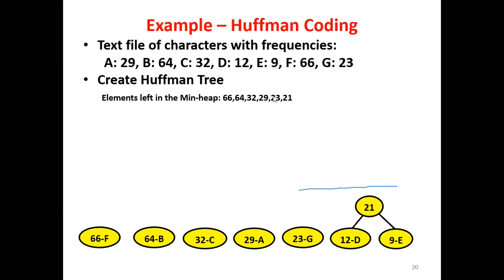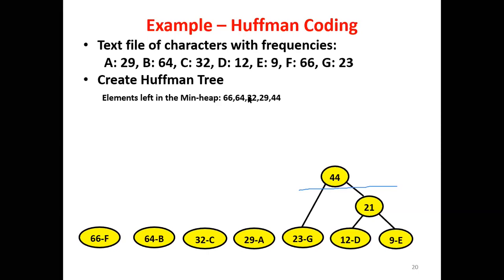From this list, which two nodes have the lowest values? They are 23 and 21. So we link both of them together and we have 44. So 44 represents the whole of this part here.